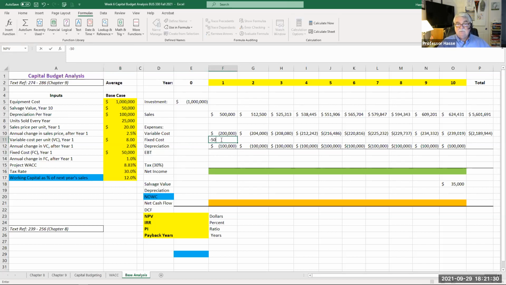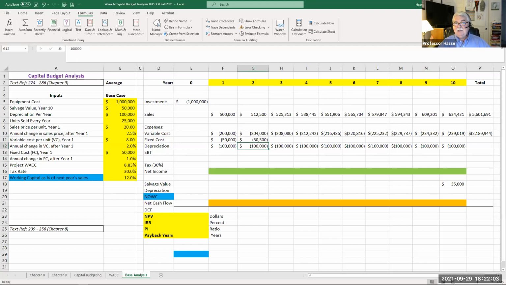It stays the same in this year, but it will also inflate in other years. And the fixed costs for this company are $50,000 in year one. So minus $50,000. That's our fixed cost, it's given to us. And note the inflation rate for that cost, it's 1%. So now I'm going to multiply year one times my inflation rate, 1.01, and I get $50,500.